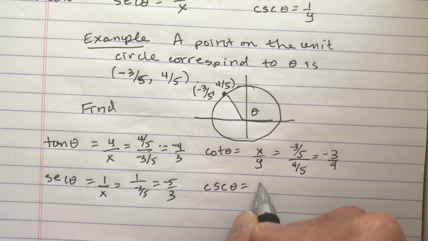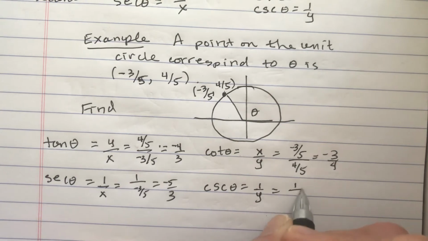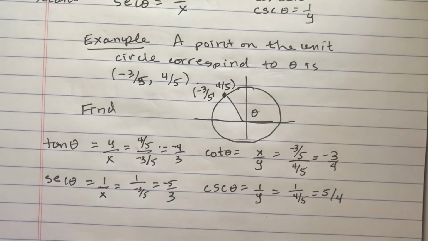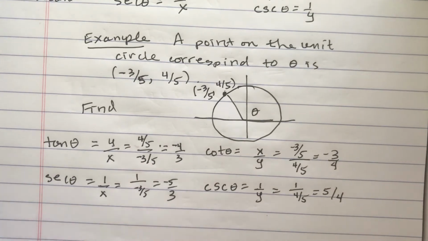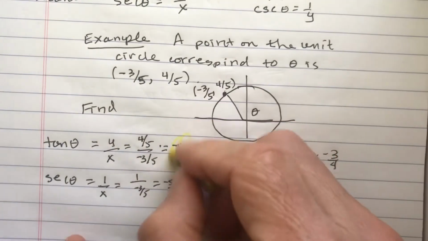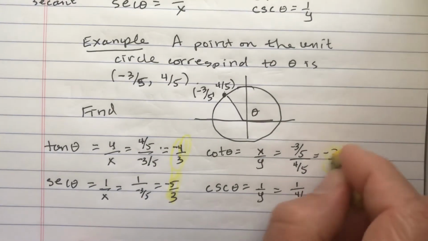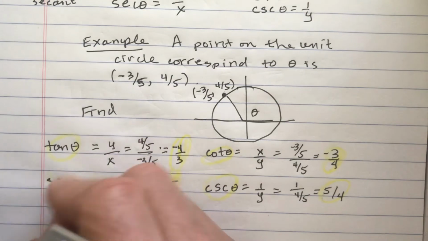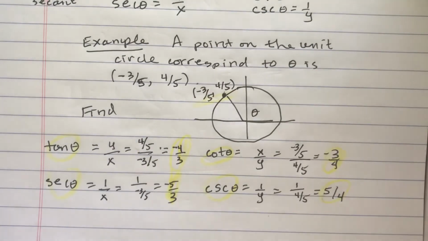Cosecant is 1 over y. So that's our answer. Okay, so that's their point there. That's the answer.